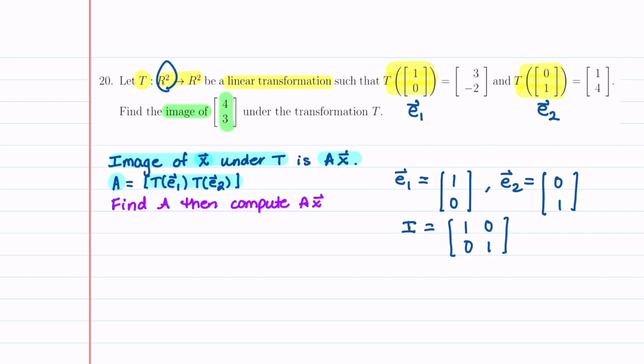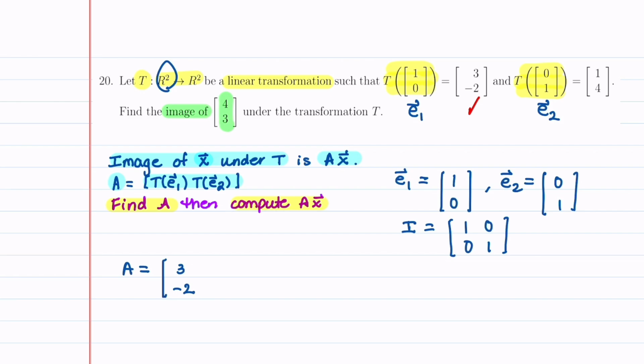What we're going to do to solve this problem is we're going to find our matrix A, and then because we want to find the image of x under T, which is A times x, we're going to compute A times x. Let's start by writing down what A is. So A is our T of e1, which is this vector. So this is 3, minus 2.